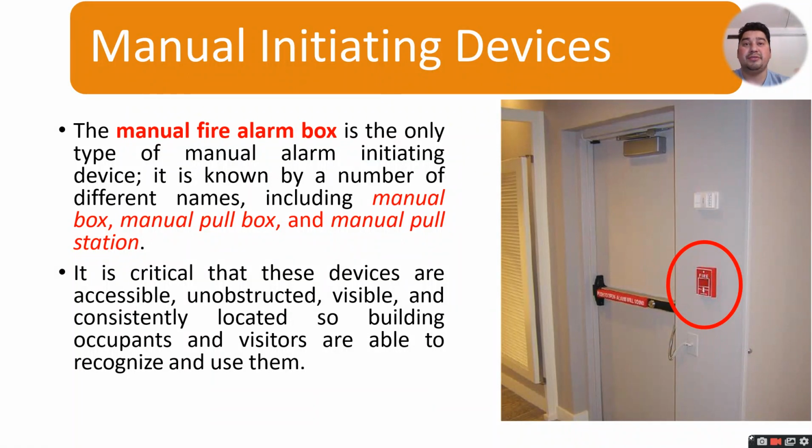They should be easily visible and consistently located in every building, on every floor, after a certain distance. The occupants and visitors should know how to activate them and where they are located, and they can easily recognize them. So these are the requirements that you have to comply with whenever you are installing any manual initiating devices.